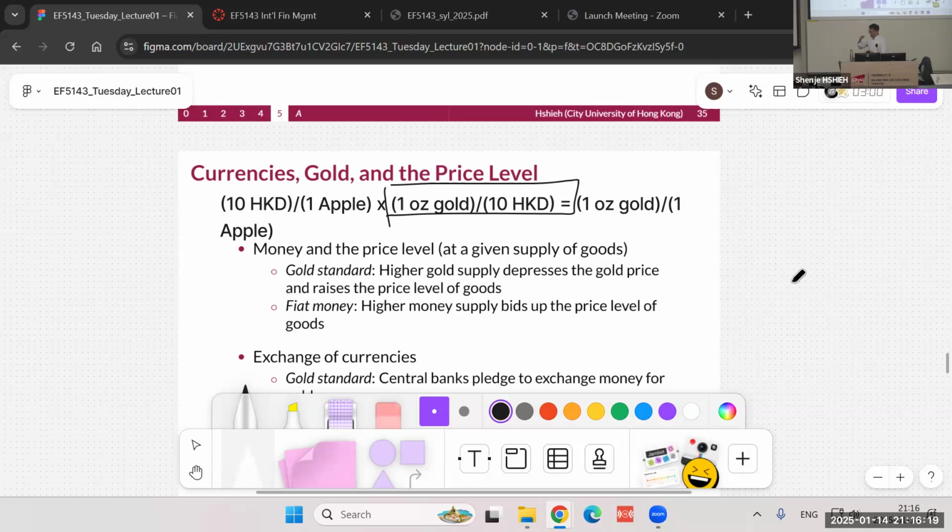If they bring gold to Hong Kong, then the price of apples in terms of gold should increase or decrease. So Hong Kong has more gold now. Based on supply and demand, how should the price of apples in terms of gold in Hong Kong increase or decrease?